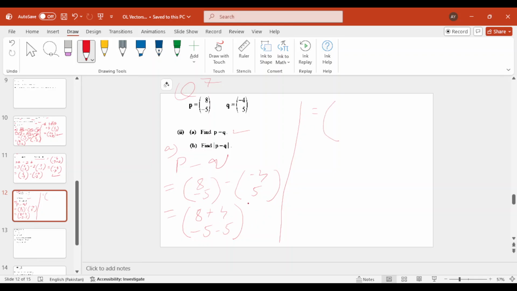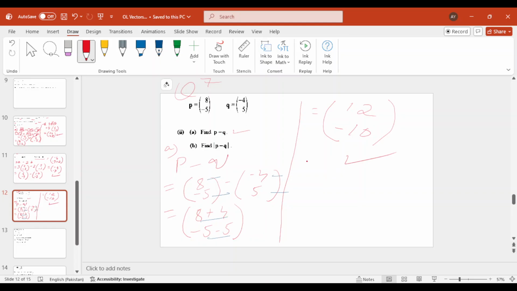This is the x-axis term, so we add or subtract x with x, and this is the y term, so we add or subtract y with y. Here, 8 plus 4 is 12, and minus 5 minus 5 is 10, but the sign is negative. This is vector P minus Q.